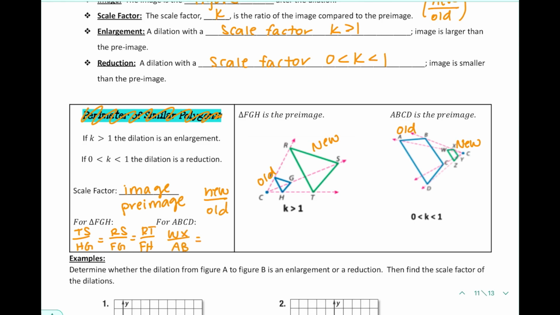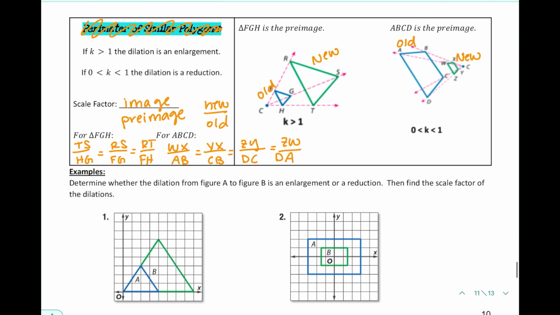WX over AB equals YX over CB equals ZY over DC equals ZW over DA. So again, just really keeping in mind what is the new and the old figure, writing out an extended ratio with all of those proportions. Same stuff we've been doing up to this point, honestly.